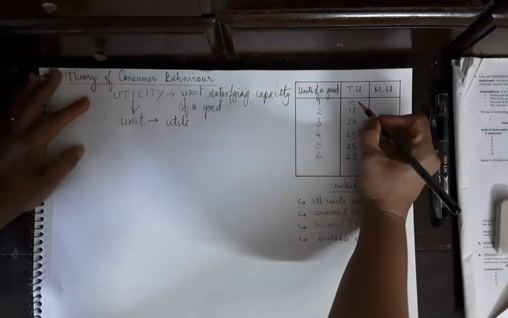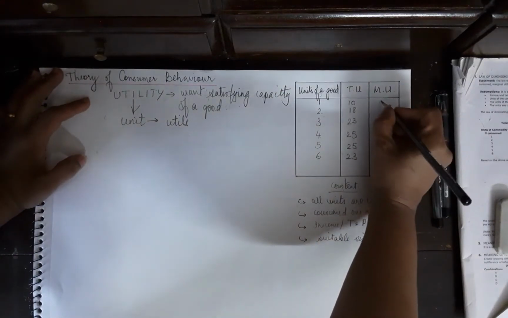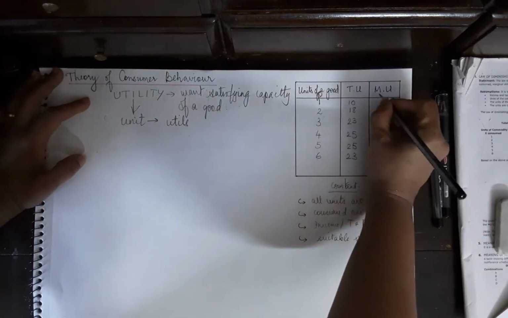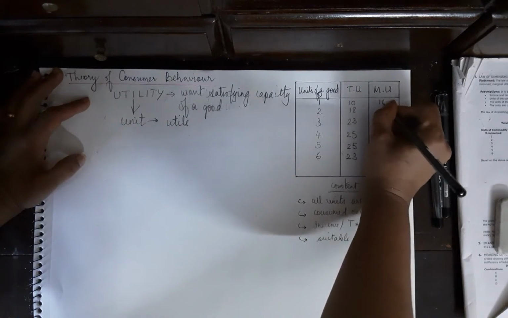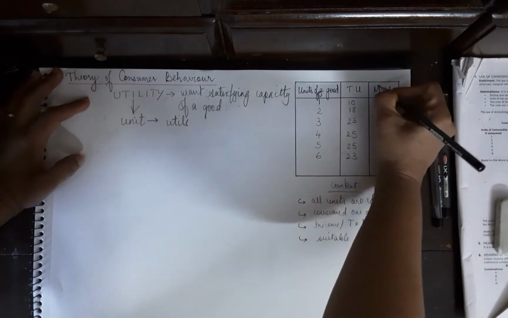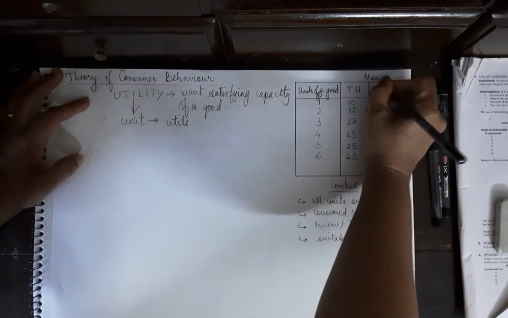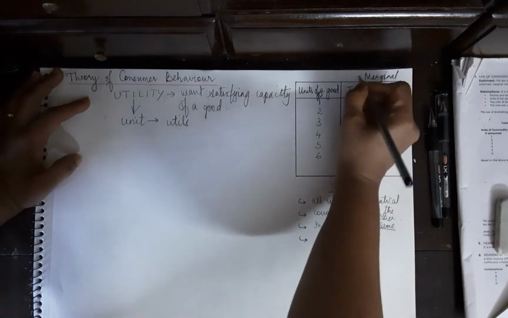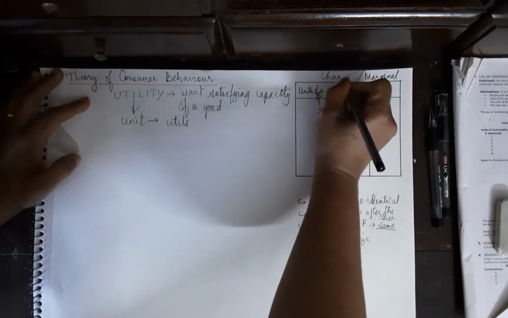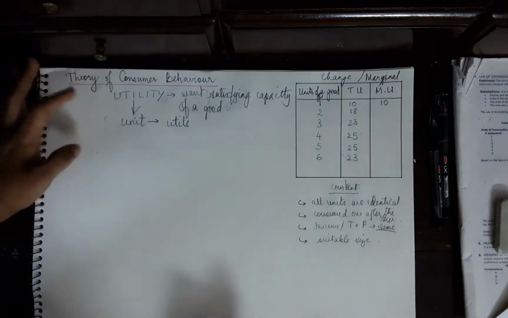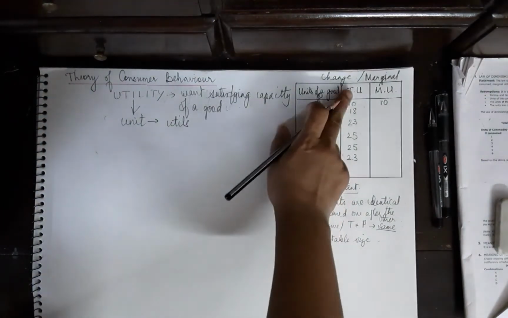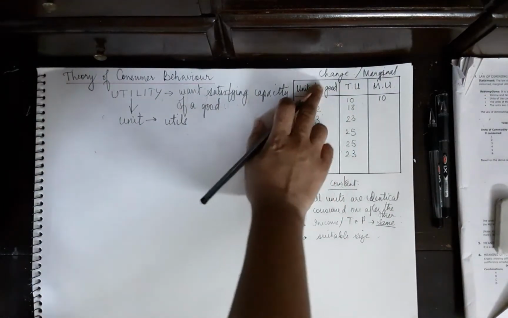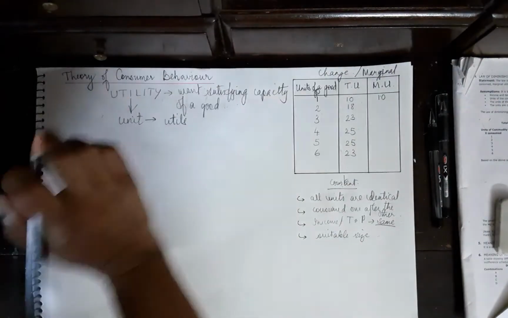Now you see, in the first case, the utility has increased from 0 units consumed. It has jumped to 10. Now I'm filling this column. You can see the M here. It stands for marginal. And this word marginal is helping us to calculate change. So by how much has total utility changed from the time I did not consume anything till I consumed 1 unit?